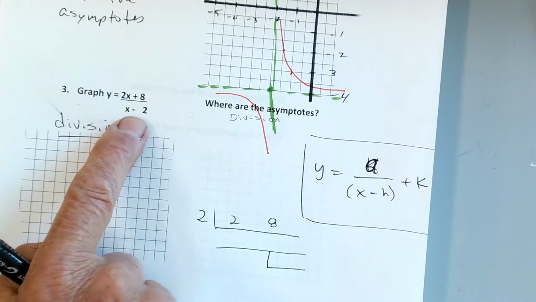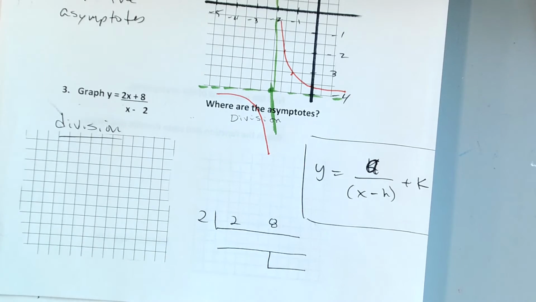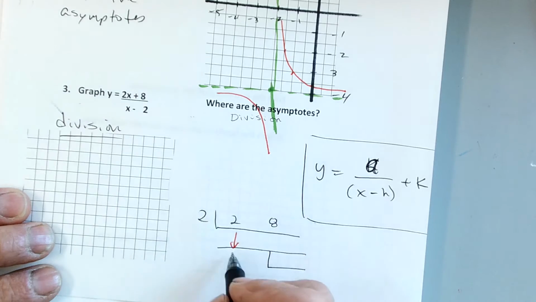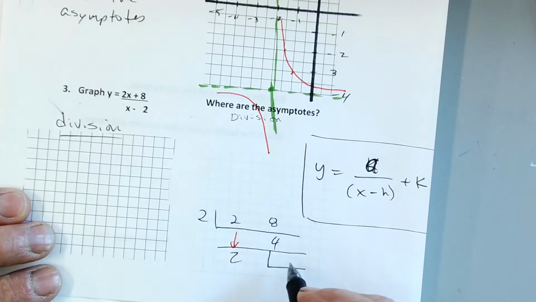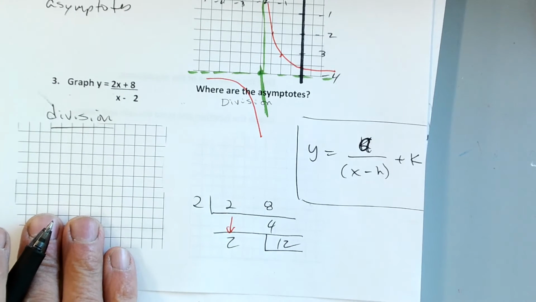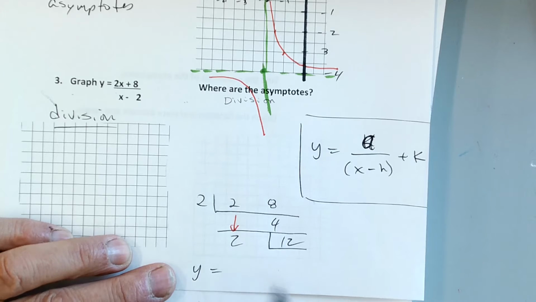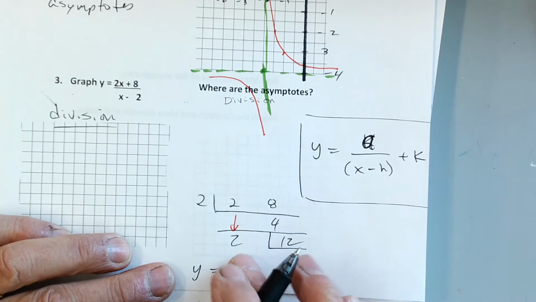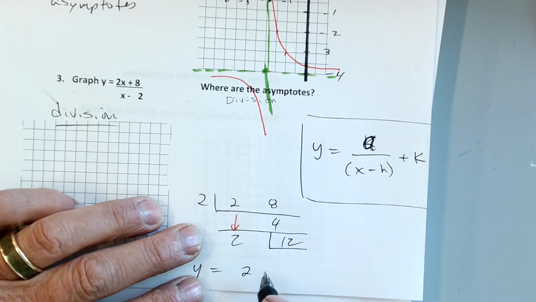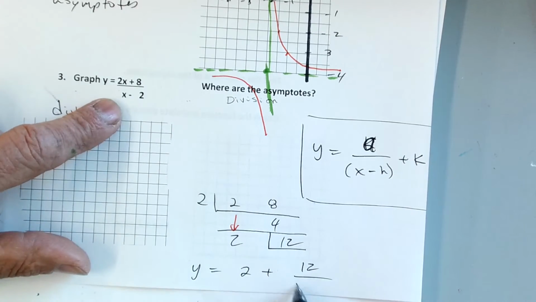Remember, it's the opposite, positive 2. I get a 2, 8. There's my remainder. So the first step, of course, in synthetic division is to bring down the first 2. I go 2 times 2 is 4. I add these two, and I get 12. Okay. So my answer is y equals 2, plus 12 over what I divide by.